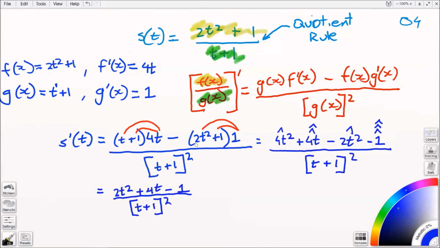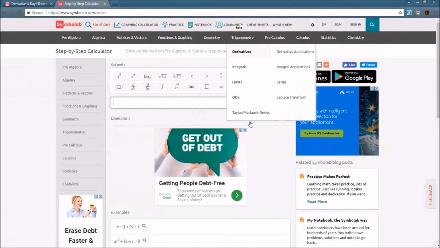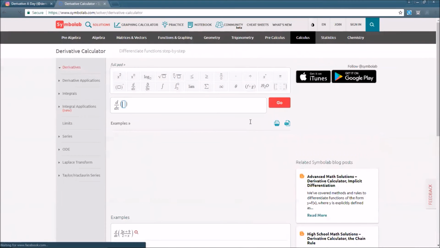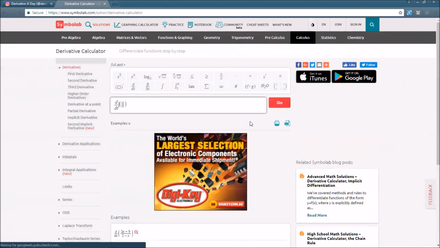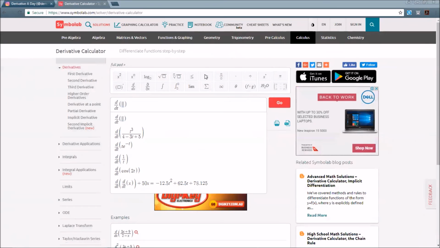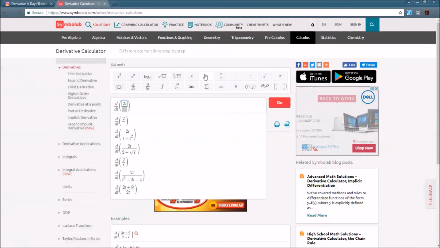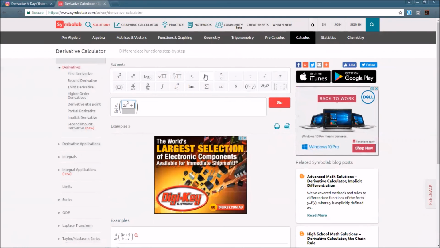I'm going to check this on Symbolab now, because I wanted to solve it with you without knowing what the end answer is. This isn't a sponsorship or anything like that. I'm just doing it because this is what I use for uni to double check my assignments. I don't get answers from this, because you don't really learn by cheating.